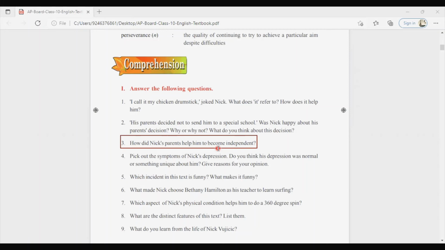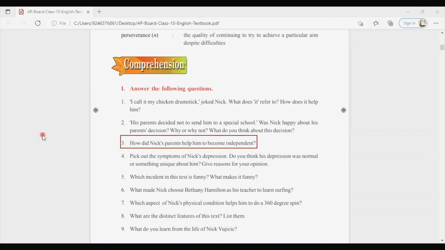As I told you right from the start, Nick's parents did their best to make him independent. His father put Nick in the water at 18 months of age and gave him courage to learn how to swim. He encouraged Nick to get into football, skating. He taught Nick how to type with his toe when he was just 6 years old. Now, Nick's mother invented a plastic device that meant Nick could hold a pen or a pencil.